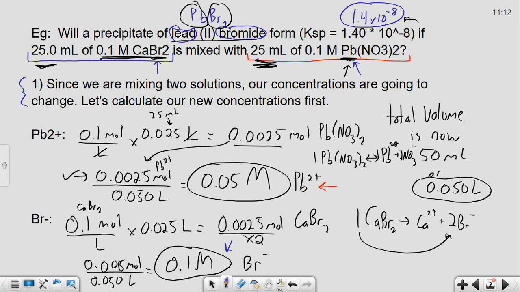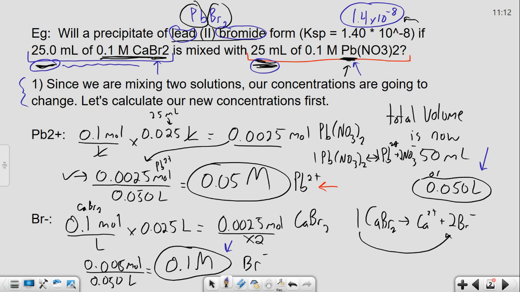Use your total volume in the last step. So you find how many moles you have just in this beaker with the 25 mLs. And then to find the concentration, you take that many moles and you use your total volume from both beakers combined.